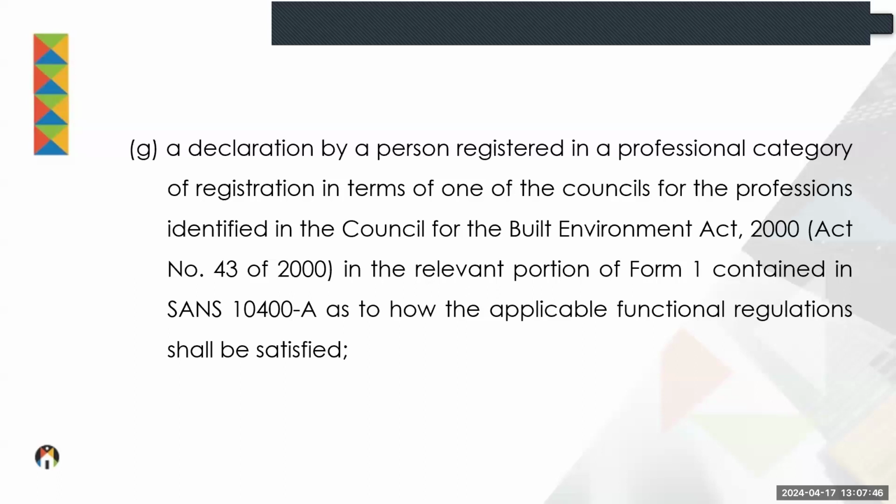Now, I've heard the excuse sometimes, oh, my local authority does not require these forms. As you've seen here, the regulation doesn't say that the local authority may require that. The regulations say the owner has to submit. So it's not up to the local authority here to decide what is needed and what is not needed. We are under a legal obligation to submit those to the local authority.